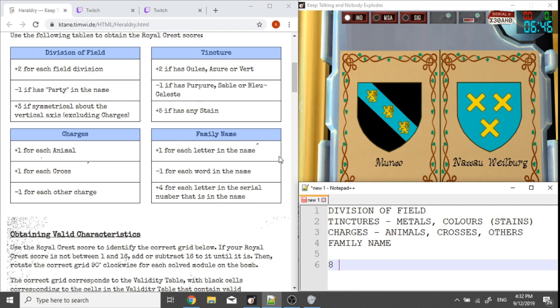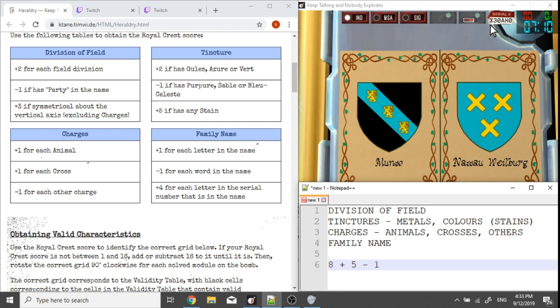Plus 1 for each letter in the name. So we have 5 letters in his name. So add 5. And subtract 1 for each word in the name. Our royal crest has 1 word in its name. So, yeah. And then plus 4 for each letter in the serial number that is in the name.